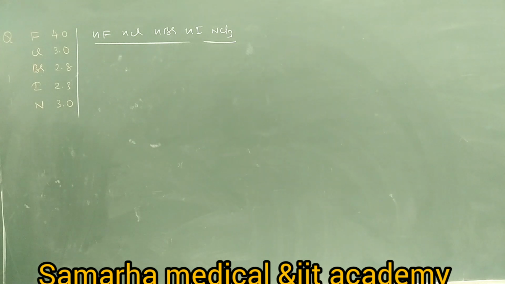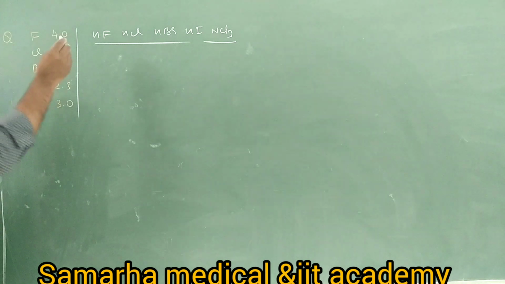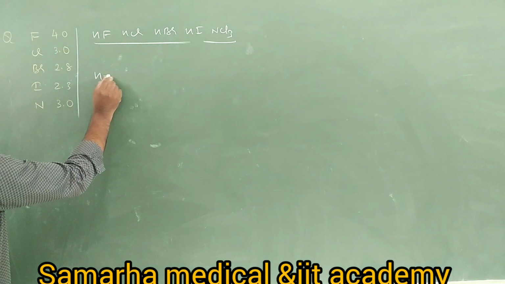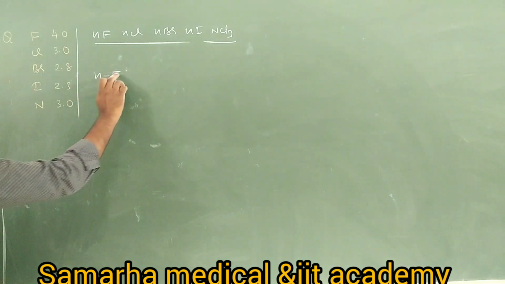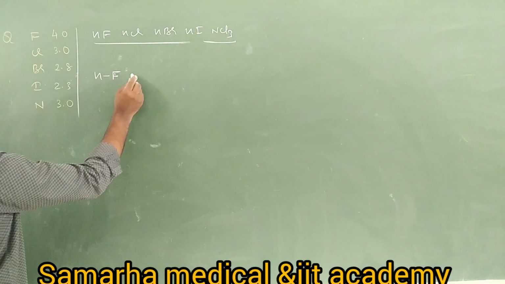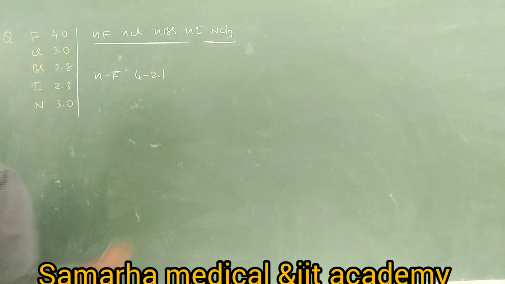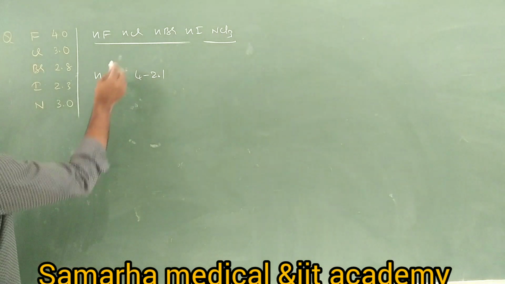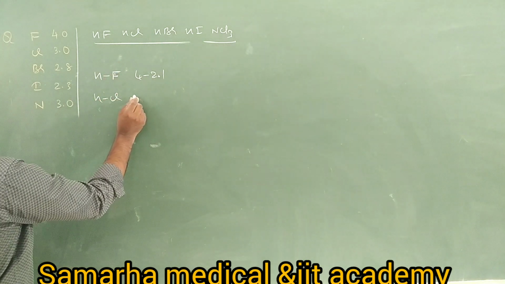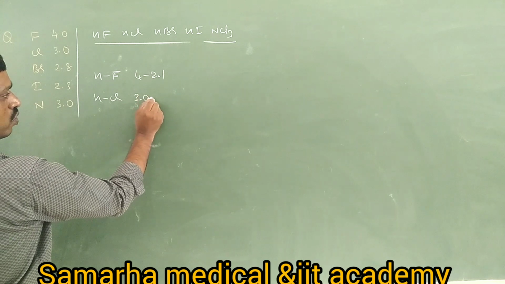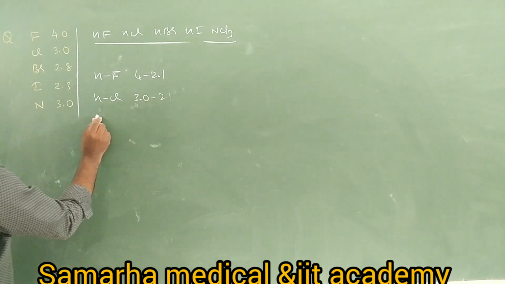Here, what is given? Electronegativities are given, not differences. So we need to calculate the difference. Take first HF: 4 minus 2.1. Next, HCl: 3.0 minus 2.1.